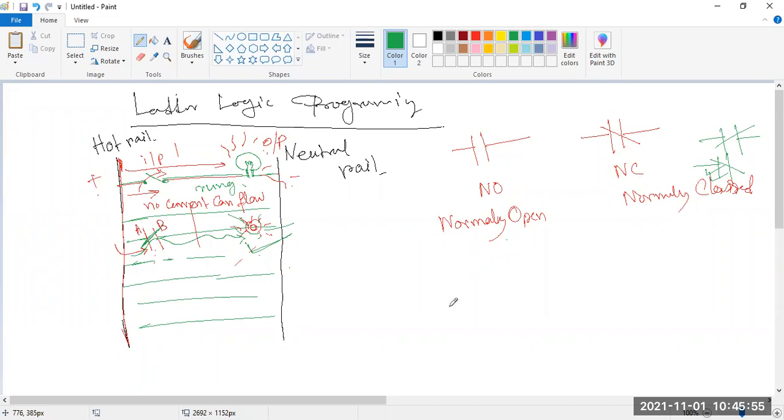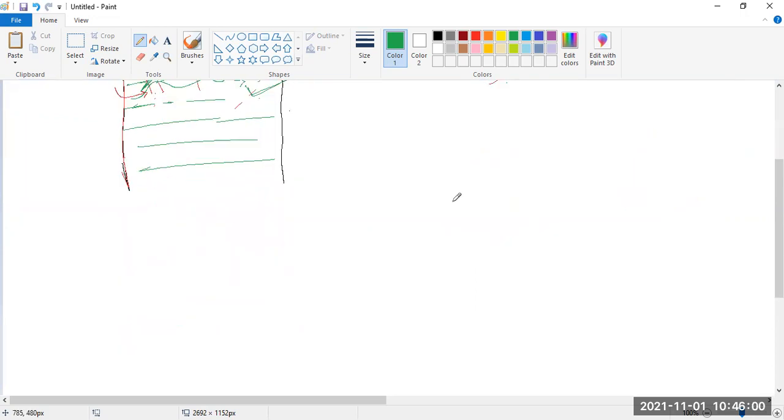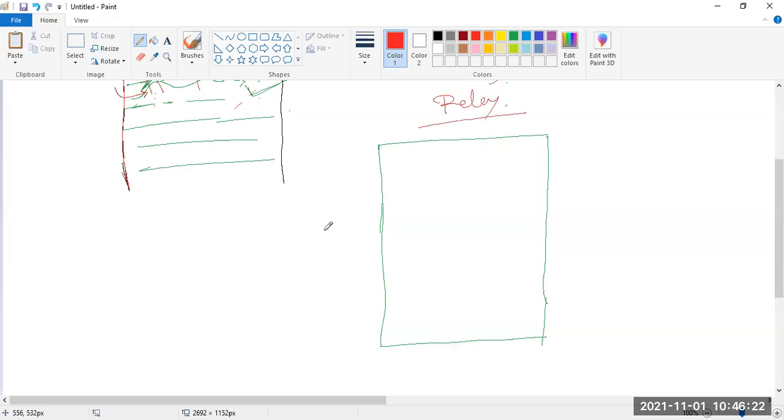Now, how it is operating, we have to know the construction of a relay, an electromagnetic relay. In your electromagnetic relay there are two terminals, one positive and one negative.